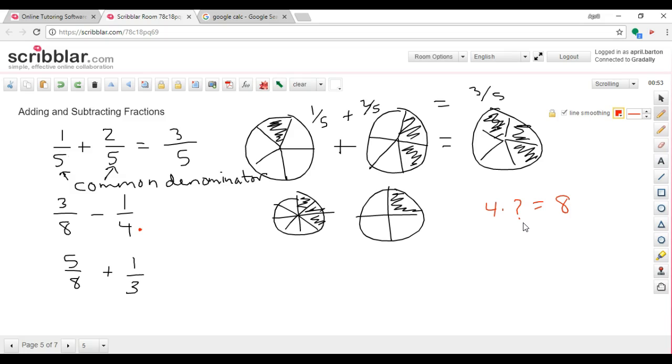And it does need to be a whole number. We can't use a decimal. But you could multiply 4 times a 2 to get an 8.